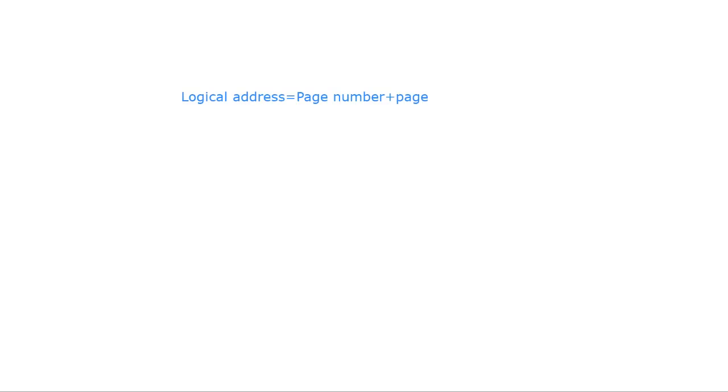Now physical address is equal to frame number plus offset. This is the representation of physical address.